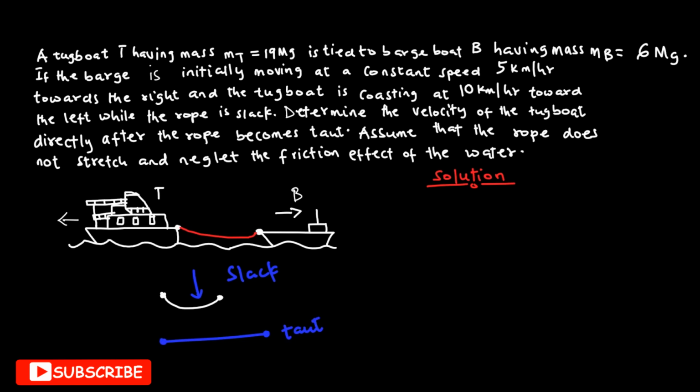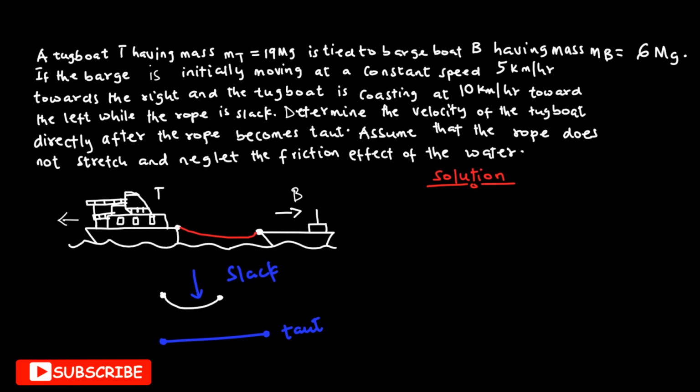Since from the beginning the rope was slack, and we are asked to calculate the velocity of the tugboat when the rope becomes taut, what will happen is that initially both the tugboat and the barge boat will be moving at different velocities because the rope is slack.